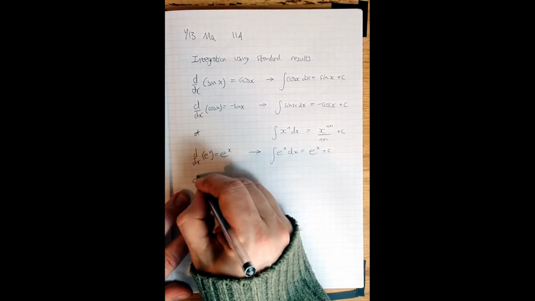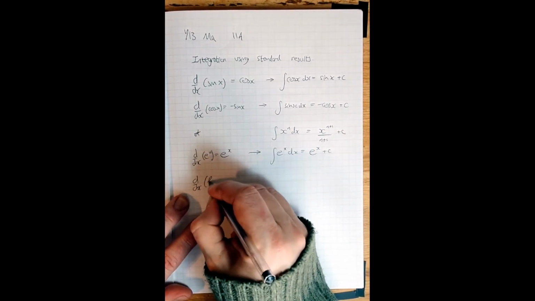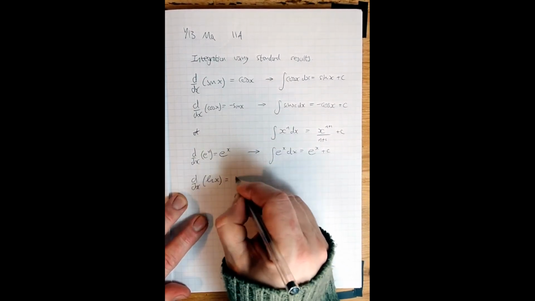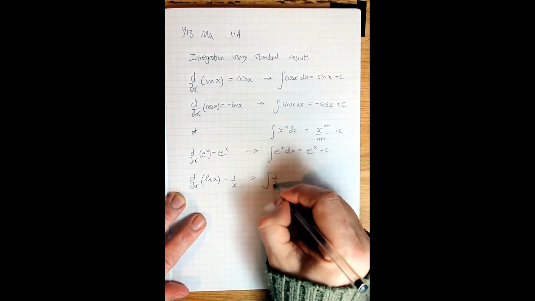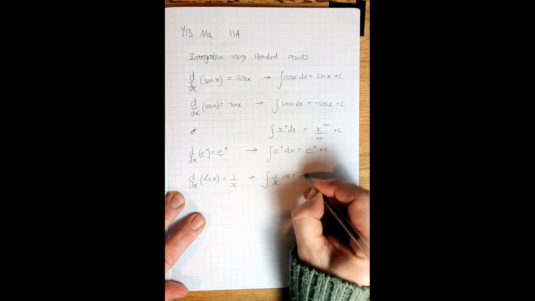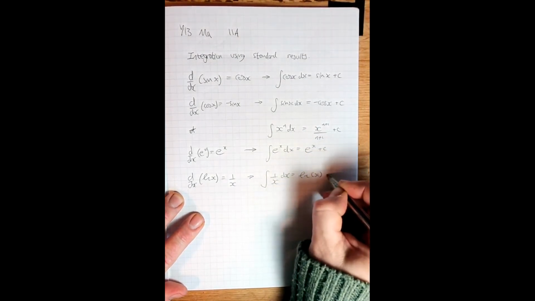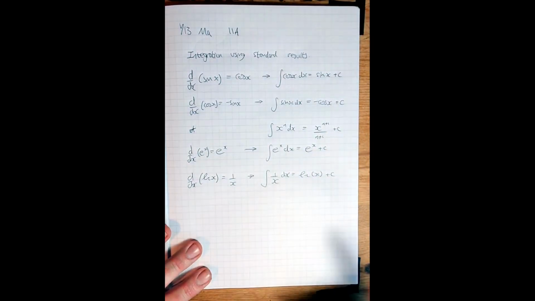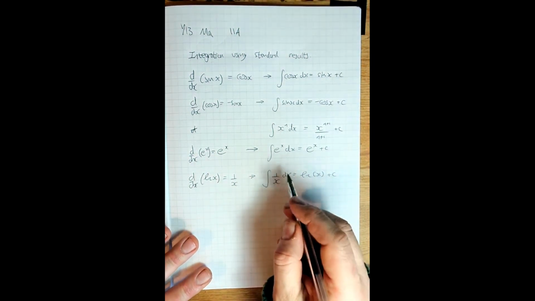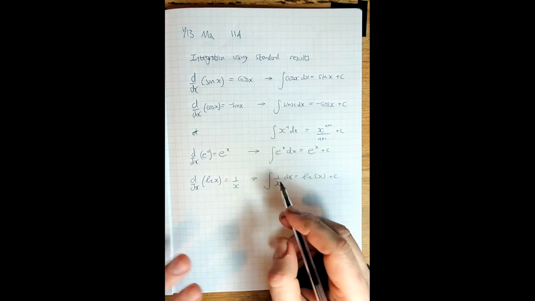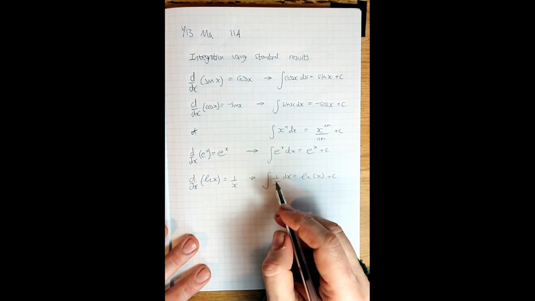We know that log x differentiates to 1 over x, so that means that the integral of 1 over x is log x. Now, people are often tempted when they see x to the minus 1 to increase the power to 0 and divide by 0, but of course that doesn't work.